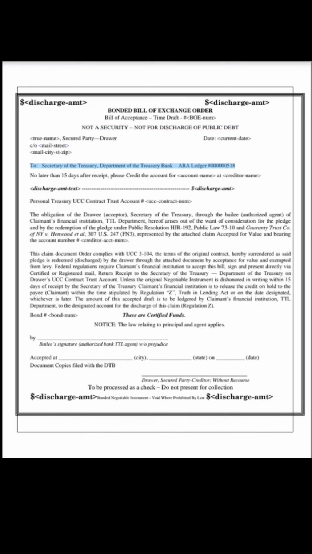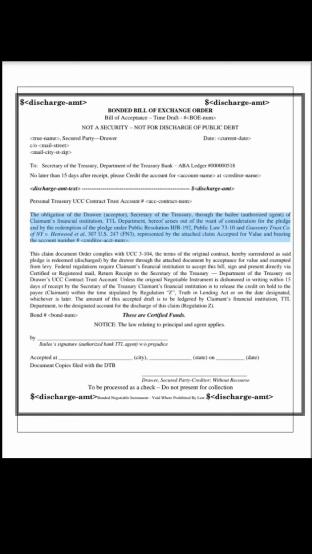Secretary of the Treasury, Department of the Treasury Bank, ABA ledger number 000000518. No later than 15 days after receipt, please credit the account for <account name> <creditor name>. Personal Treasury UCC contract trust account hash <UCC contract num>. Bond hash <bond num>. Dollar <discharge amt>.